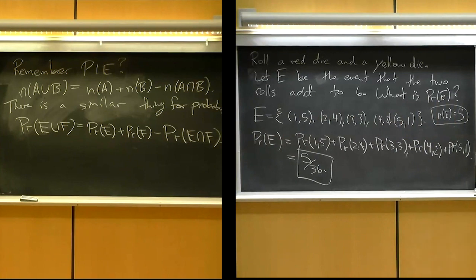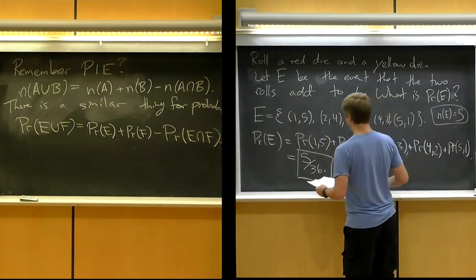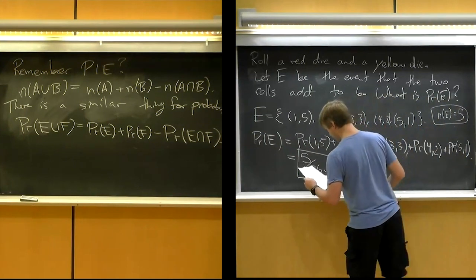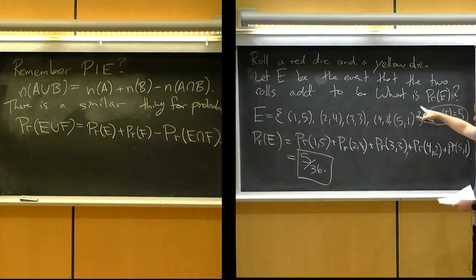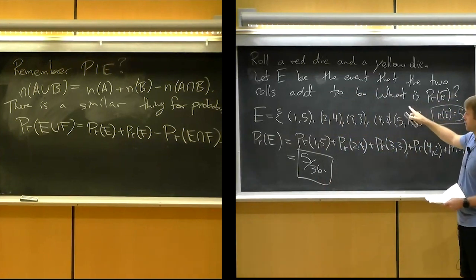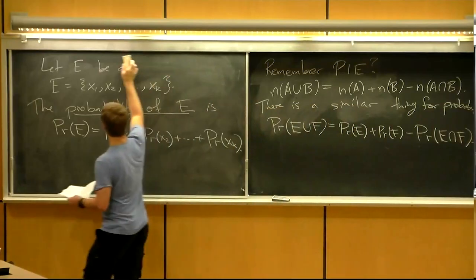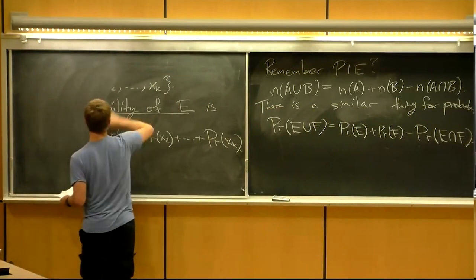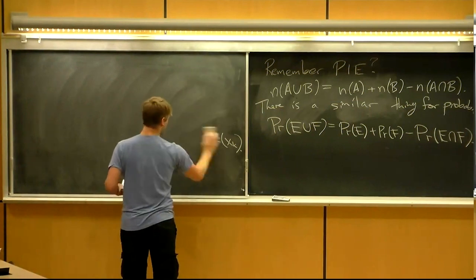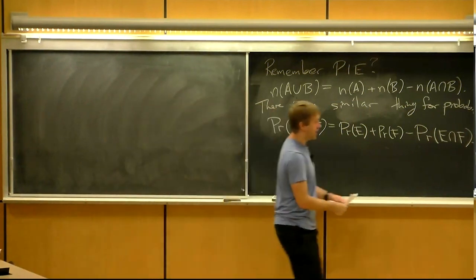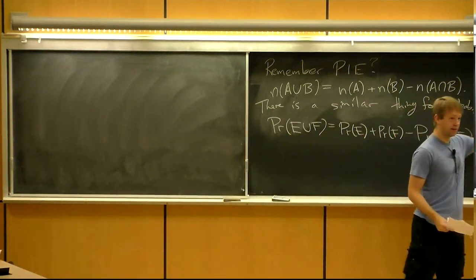Okay, so let's look at this example again. E is the event that two dice add up to 6.